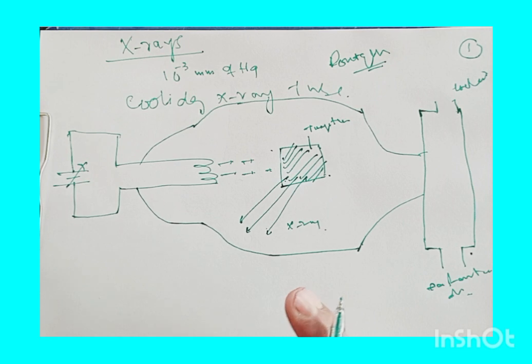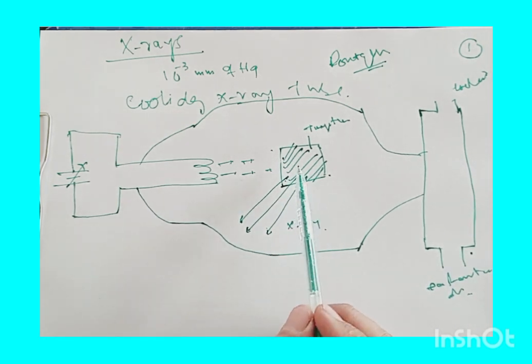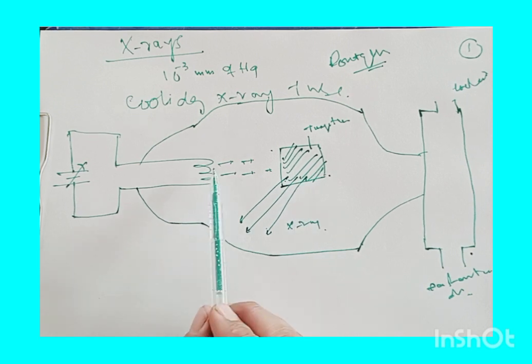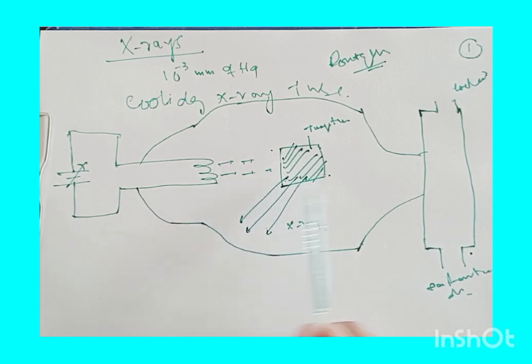They were called X-rays because things were not clear about what these rays actually are. So these X-rays are produced by bombarding this solid target with fast-moving electrons. And this whole setup is a schematic way of talking about a Coolidge X-ray tube.